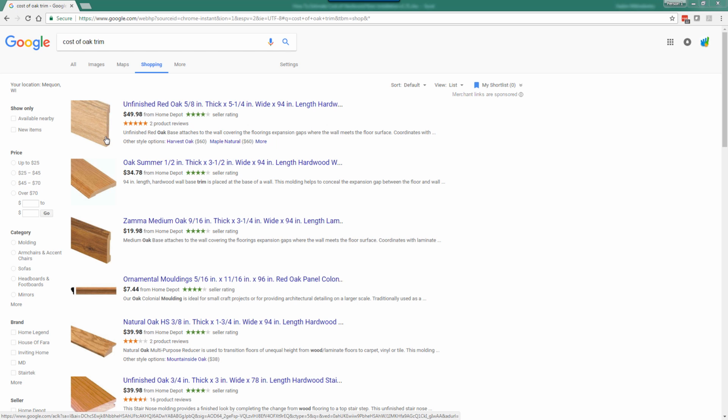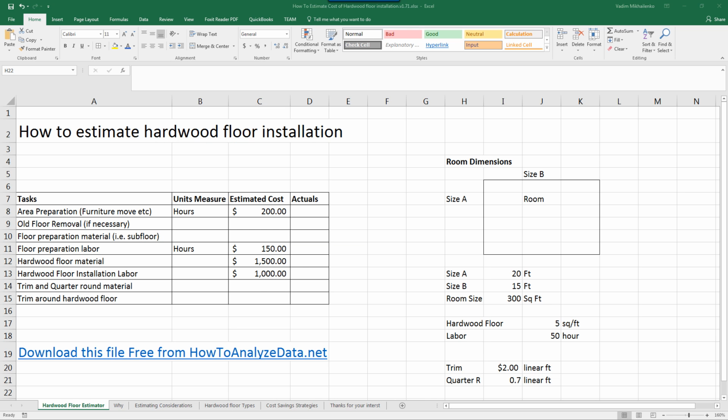So let's estimate with the assumption that trim costs $2 per linear foot, and quarter round would be 70 cents per linear foot. So the overall cost per linear foot would be $2.70.